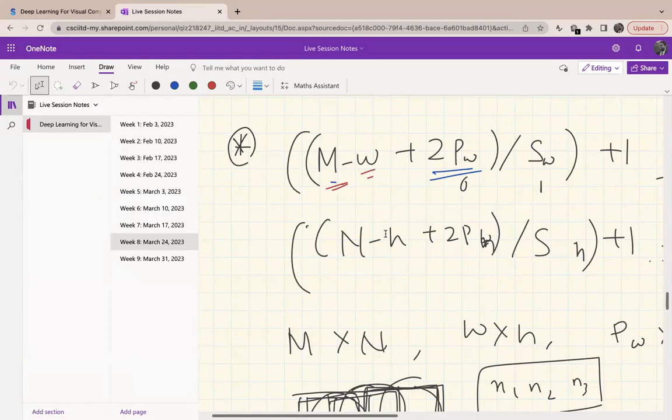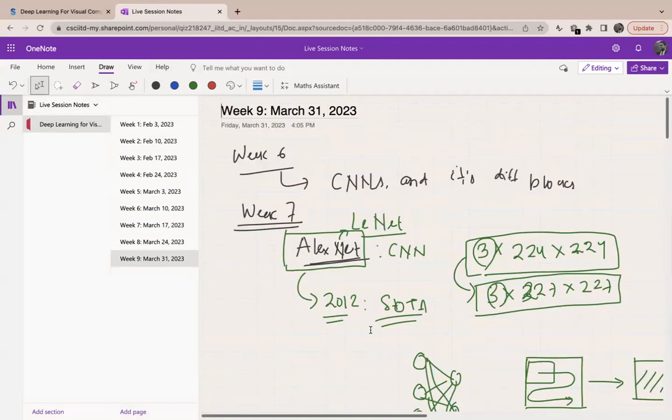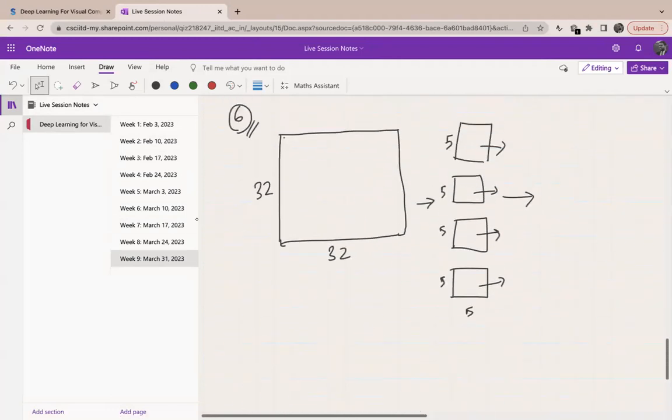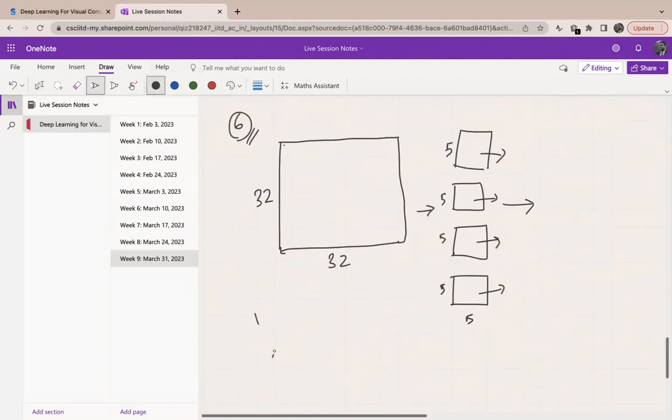The equation was m minus w plus 2p, by s, plus 1. This was the formula.